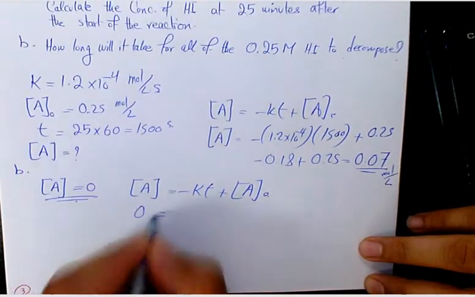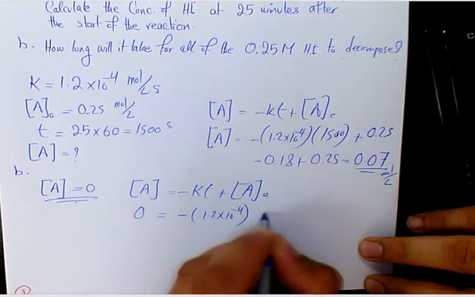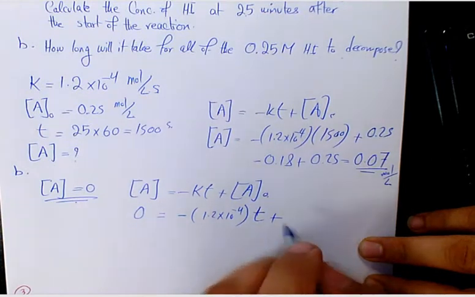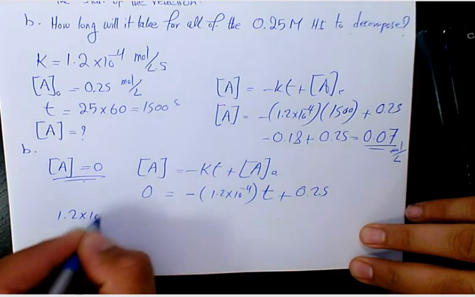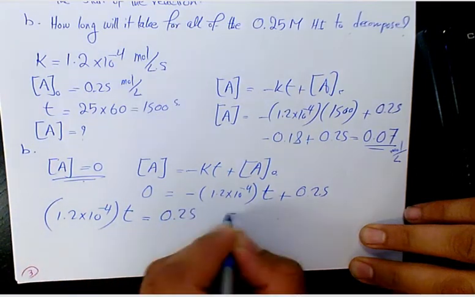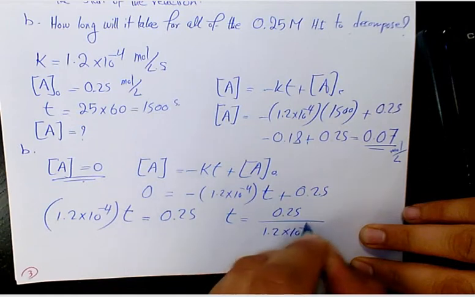So this one is 0, K is given, which is 1.2 times 10 to the power of negative 4, time is the unknown, and the initial concentration is 0.25. So it's going to be 1.2 times 10 to the power of negative 4 times T equals 0.25. T is going to be 0.25 divided by 1.2 times 10 to the power of negative 4.